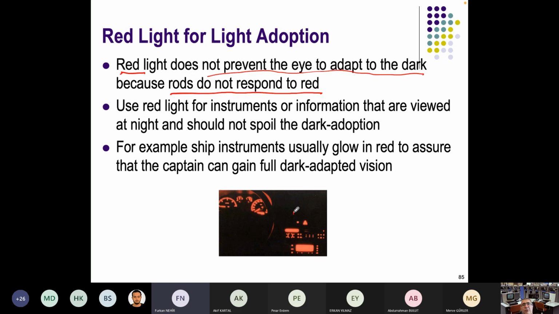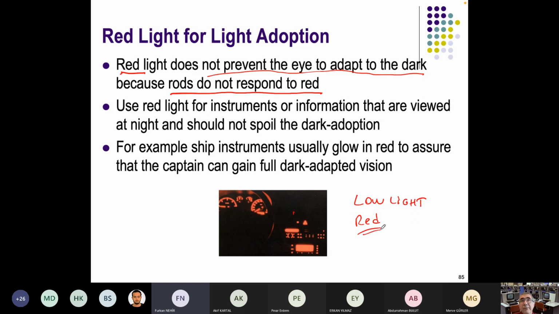Therefore, in car dashboard designs and military vehicle designs, usually low light and red light possibly increases the performance.